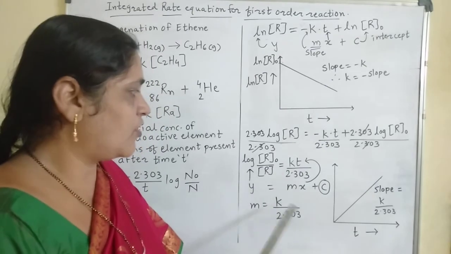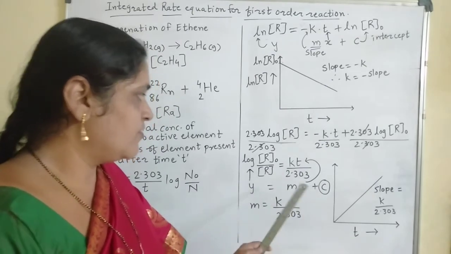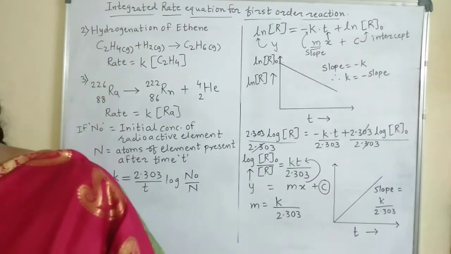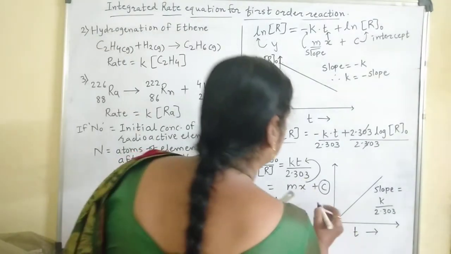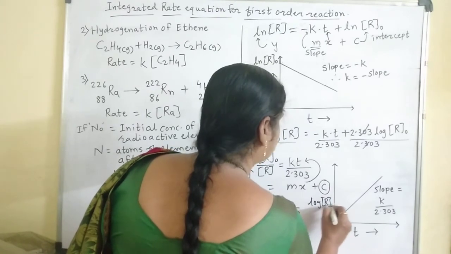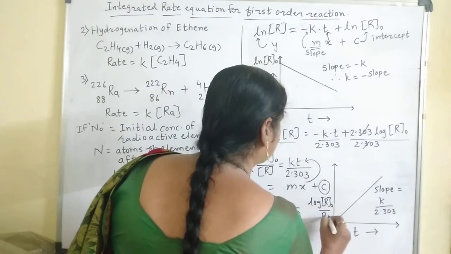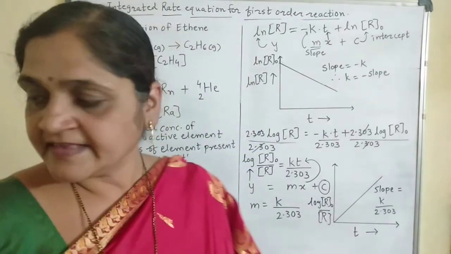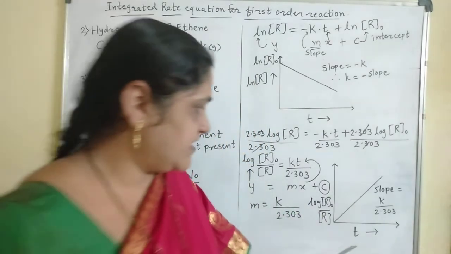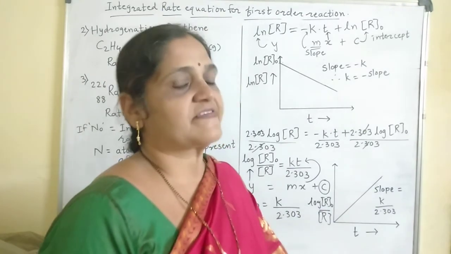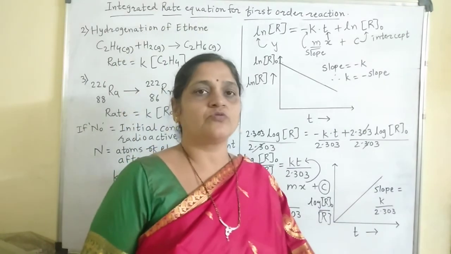When we plot this graph, as there is no intercept, the graph is a straight line passing through the origin.